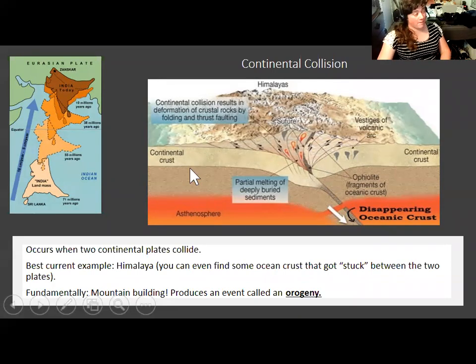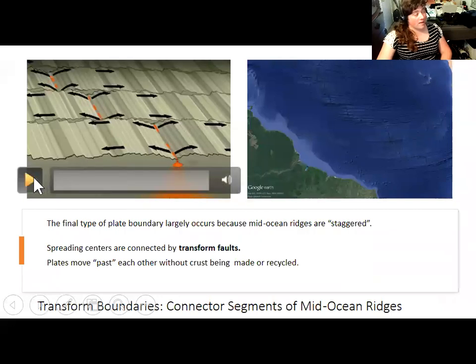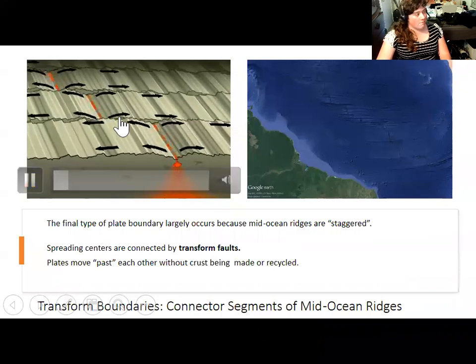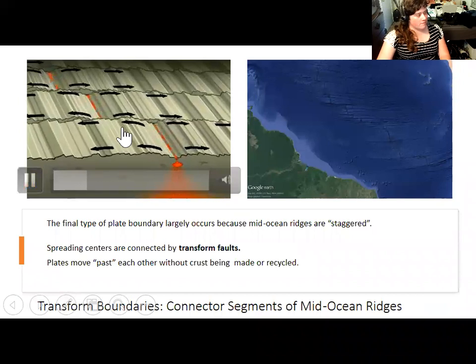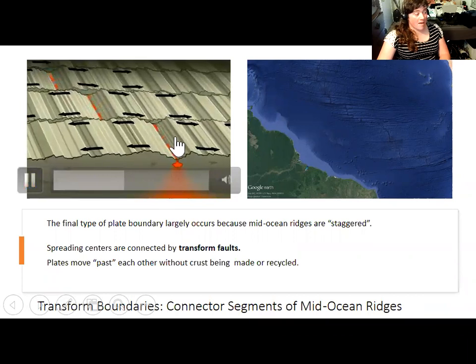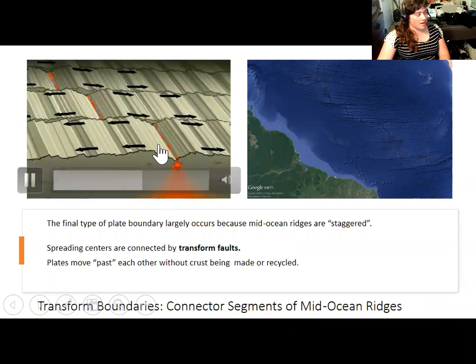The last type of plate boundary that I want to linger on is a transform plate boundary. The interesting thing about transform boundaries is that, with the exception of the San Andreas Fault, for the most part, they are really small. This looks like the same animation I was showing before. I mentioned that these segments where the magma is being produced are the divergent plate boundaries.